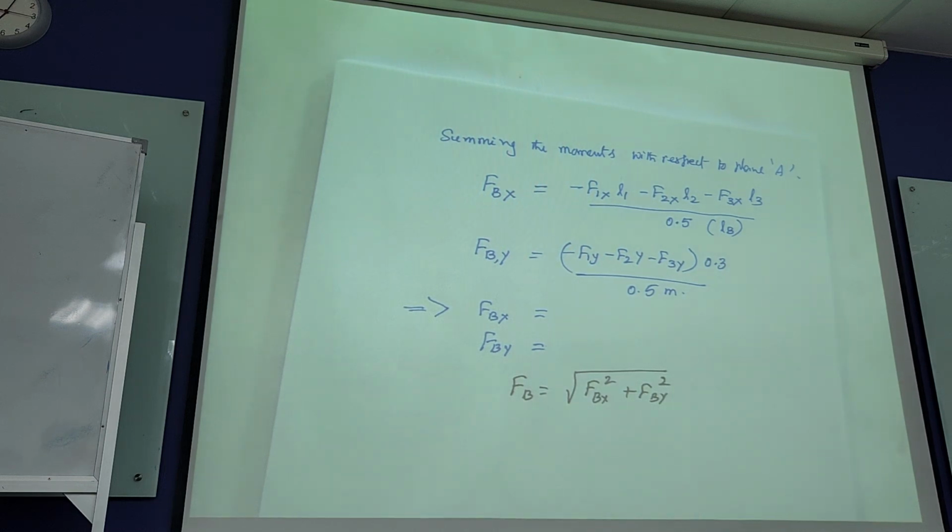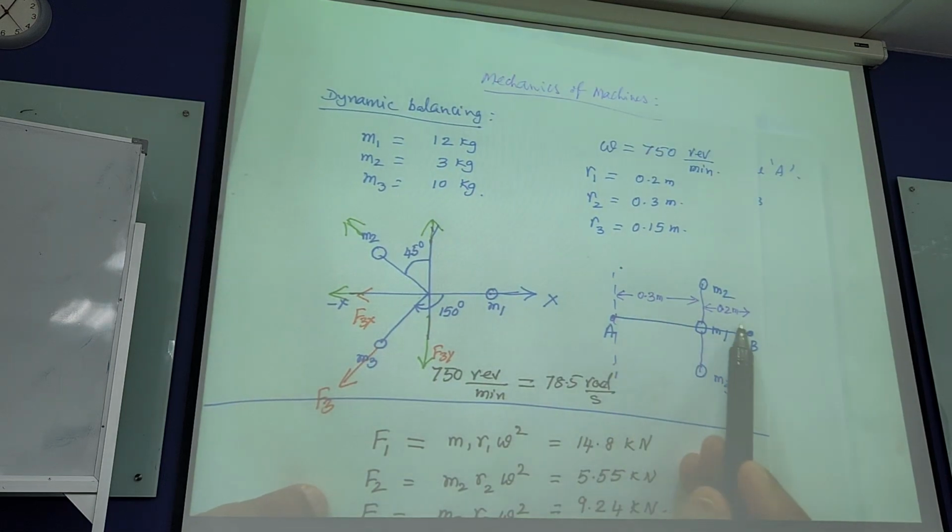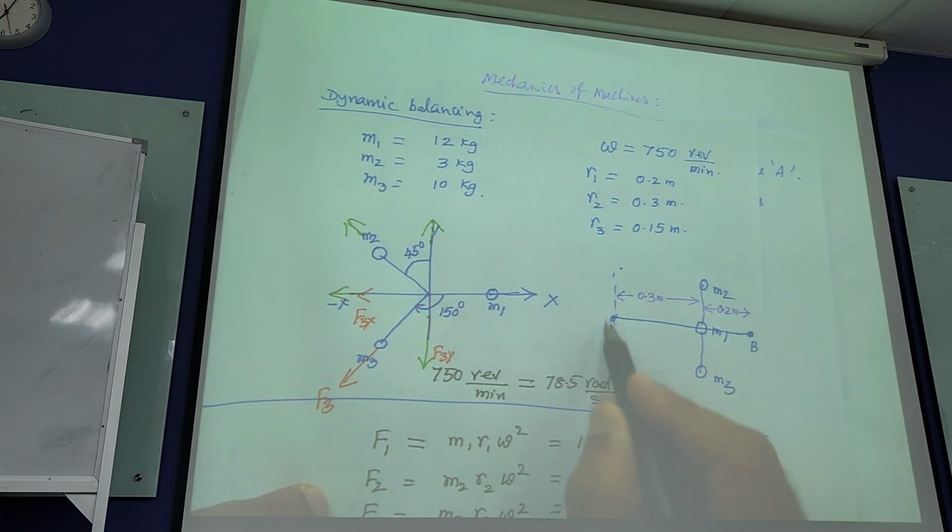What's LB again? 0.5. LB is the distance from A to B. Oh, because we are taking the movement with respect to A. Okay? And L1, L2, L3 will be all 0.3.